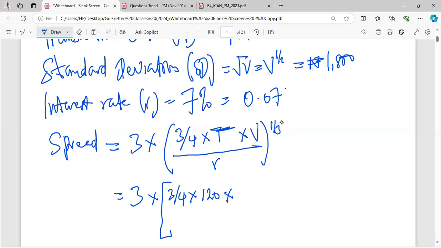We want to look for variance. So for us to make V remain itself, we must square.